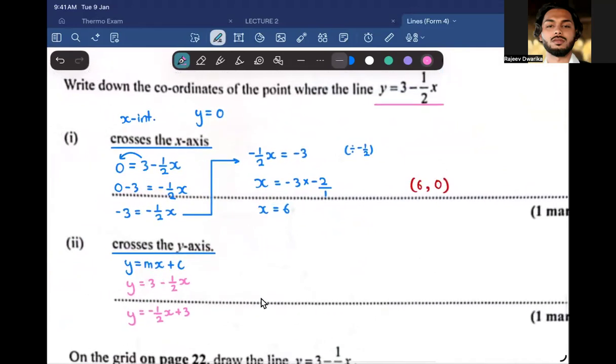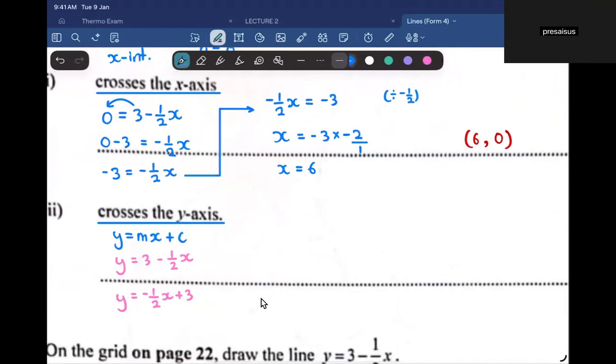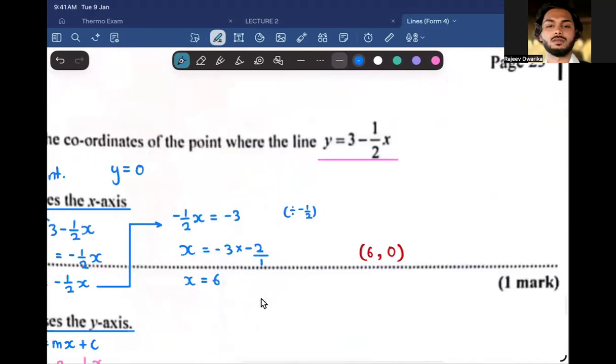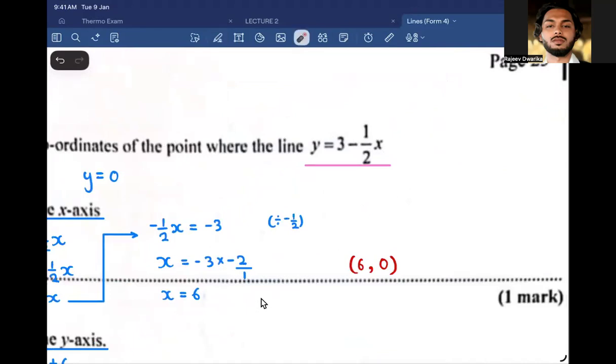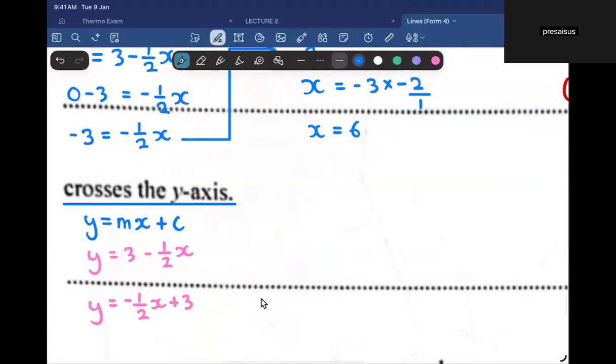The way they have the equation up there, I was just seeing the 3 as the y-intercept, because the y-intercept is the constant, the number. Minus a half x is the mx term, and this will be the c term. That is how I was seeing it, because I just flip it around in my head.